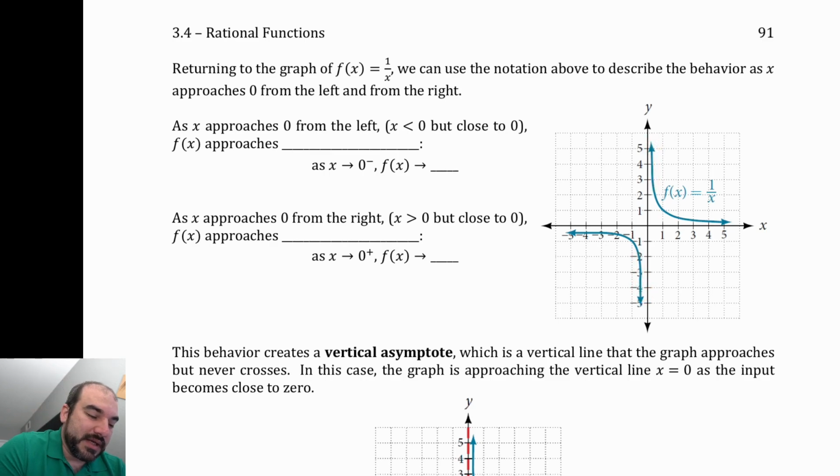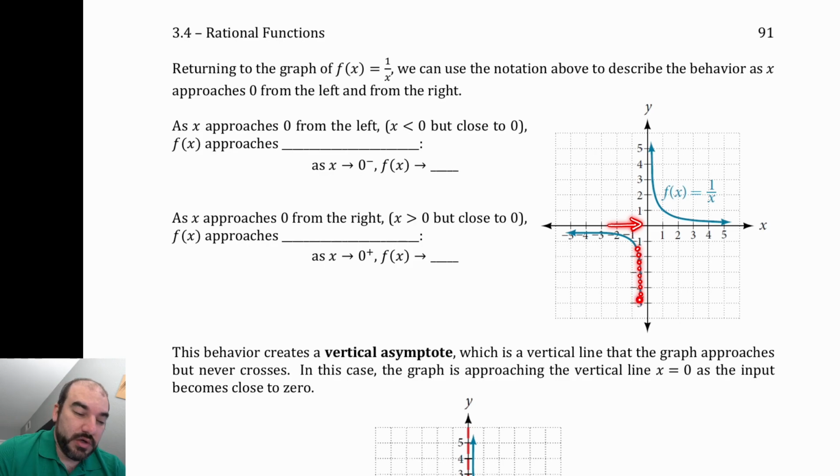So as x approaches 0 from the left, meaning x is less than 0, what is happening to my f of x values? As x approaches 0 from the left, what's happening to my y values?